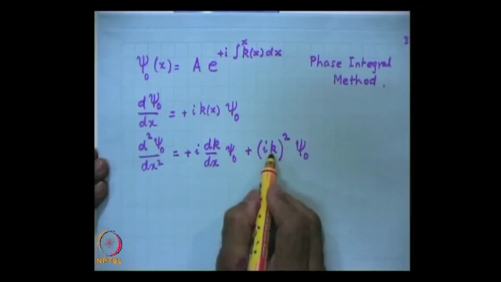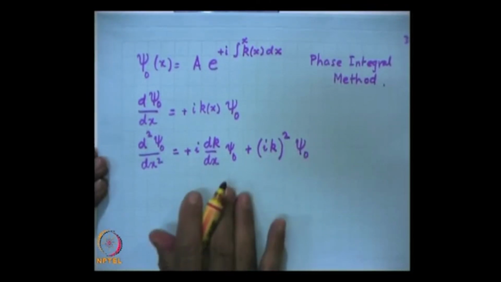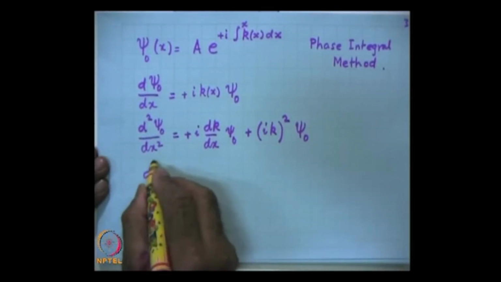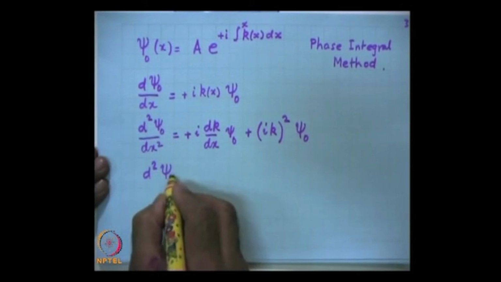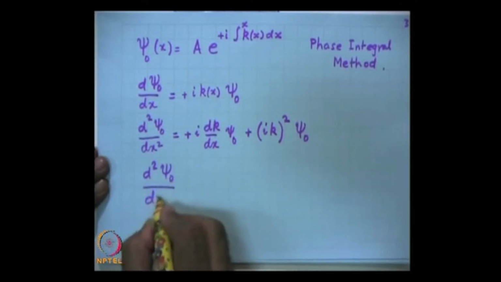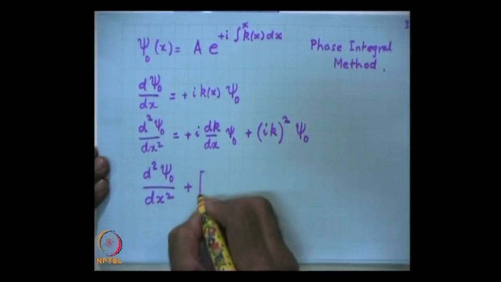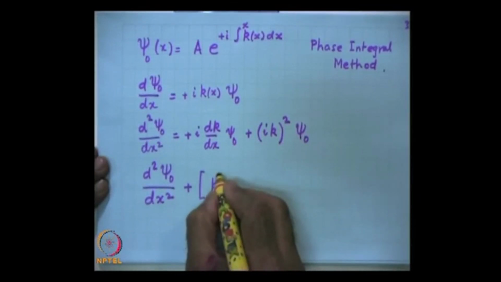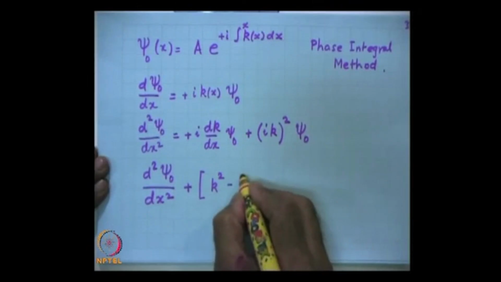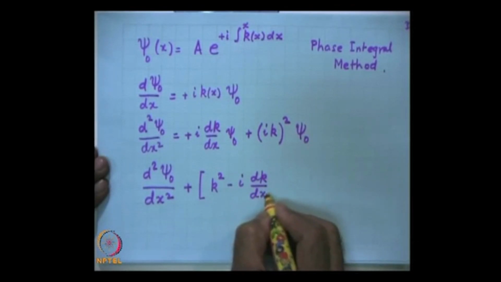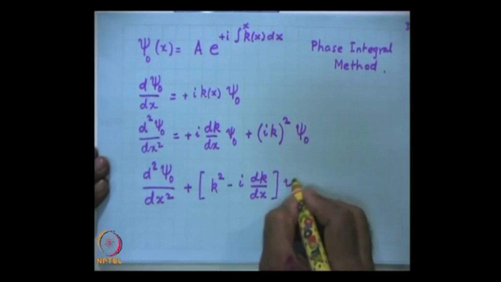So, this becomes minus k square, and if I take this also on this side, you have d2 psi 0 by dx square plus k square minus i dk by dx psi 0.